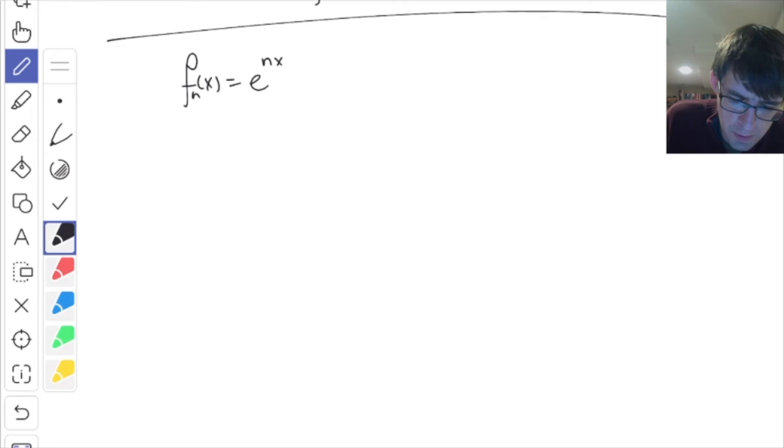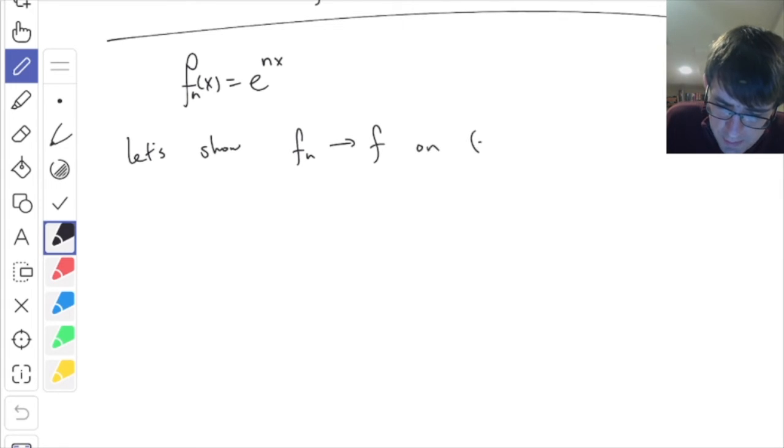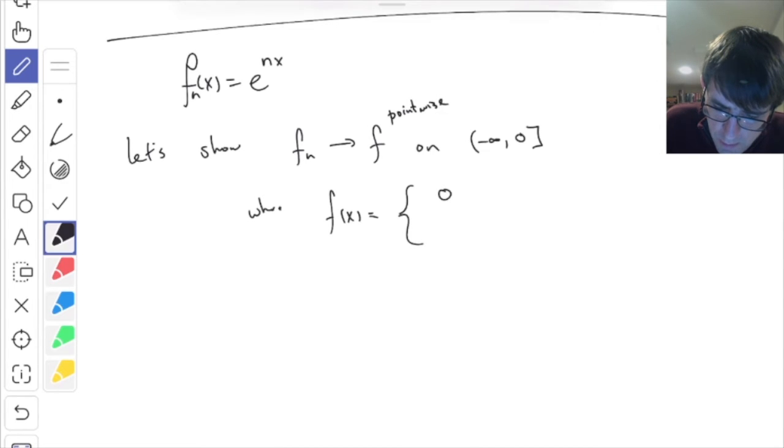This is like a nice little homework problem. Let's show that Fn converges to F pointwise, I always forget to say that, on the closed interval minus infinity to 0, where f of x is 0 if x is less than 0 and 1 if x equals 0.